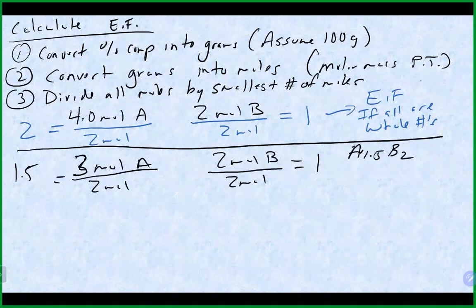By the way, up here, this would give us an empirical formula of A2B, which would be our empirical formula.